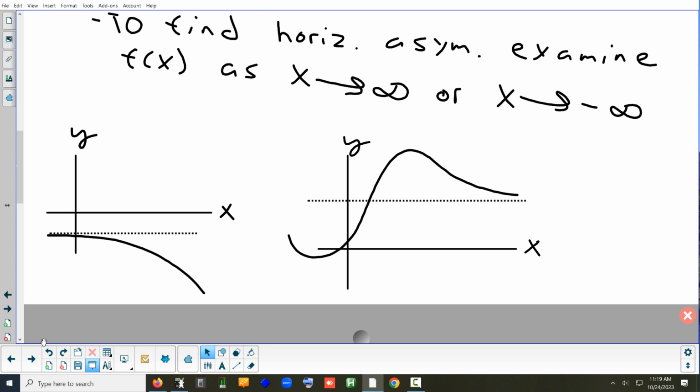So maybe you do all kinds of stuff early on, but then eventually you start getting closer and closer to something as x goes further to the right or to the left. In this case, it doesn't look like there's an asymptote on the left side. I don't really see anything, but I do on the right. Any question on that?